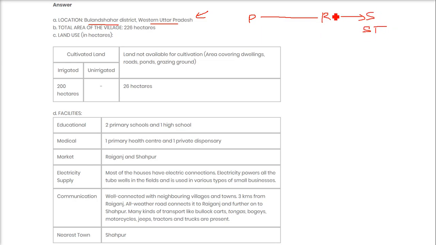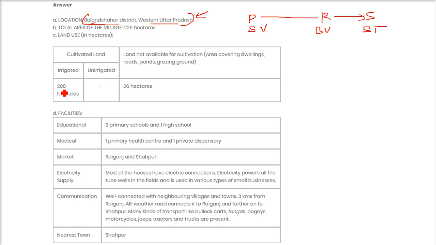Now Shahpur is a small town, and this Raiganj is a big village. Palampur is a small village. So this is the idea, because it's not clearly given that it is in Bulandshahr district or Western Uttar Pradesh. So I'm just giving you an idea that this is the better answer rather than this one.